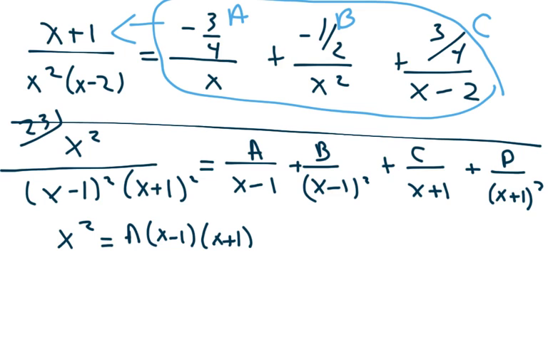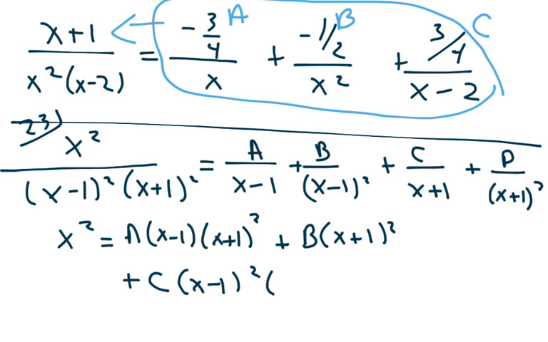Again, you should be writing these down. Plus B times x plus 1 squared plus C times x minus 1 squared times x plus 1 plus D times x minus 1 squared.